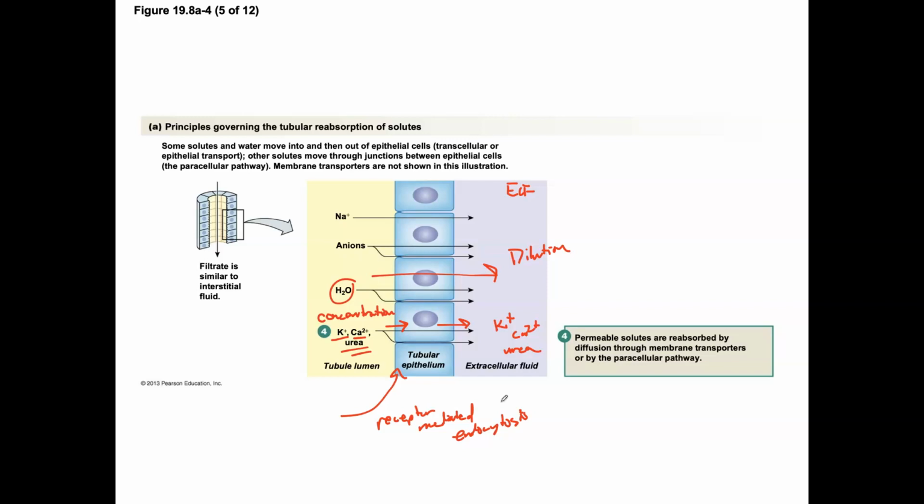Although we don't typically move proteins across the epithelial cells, because typically proteins are not being filtered at the glomerulus and Bowman's capsule, there are some small proteins and peptides that can enter into the nephron, and some of the epithelial cells are going to use receptor-mediated endocytosis to bring in those smaller proteins, digest those proteins into amino acids, and then move those amino acids into the extracellular fluid.